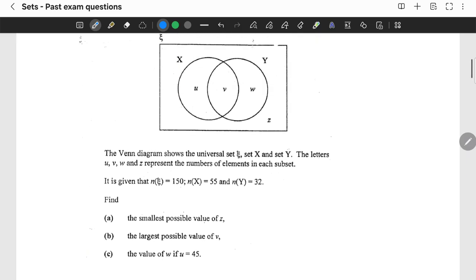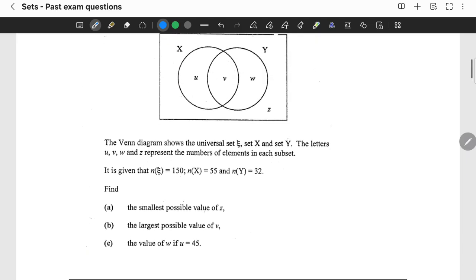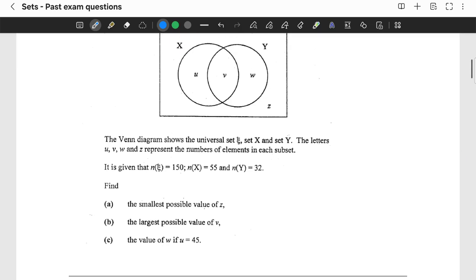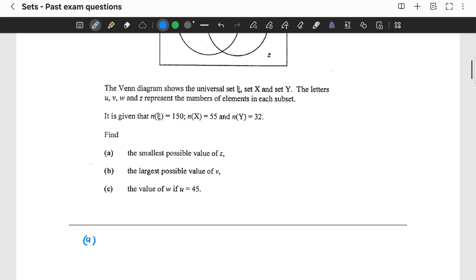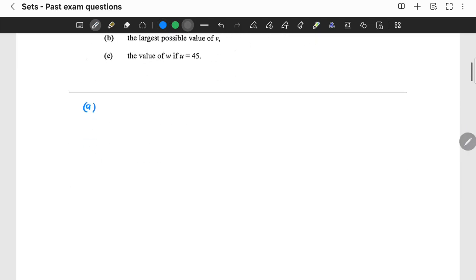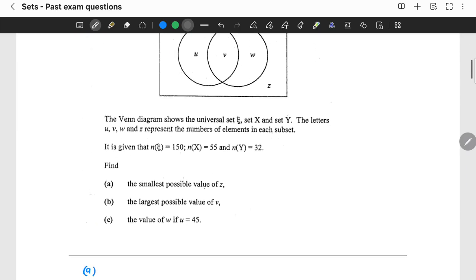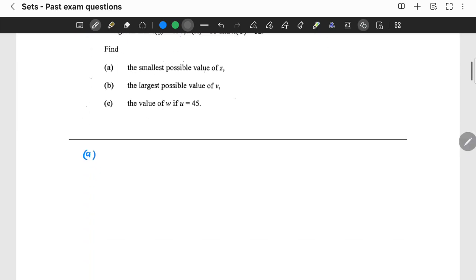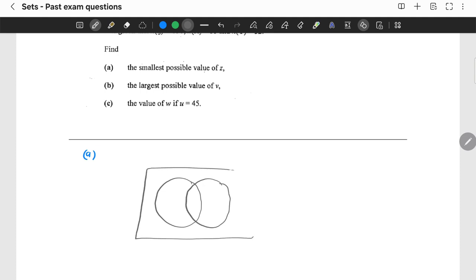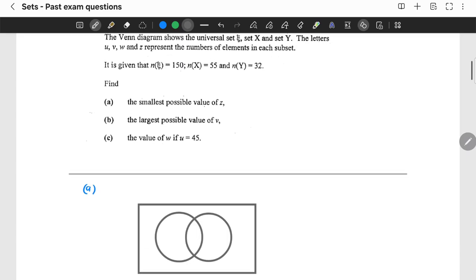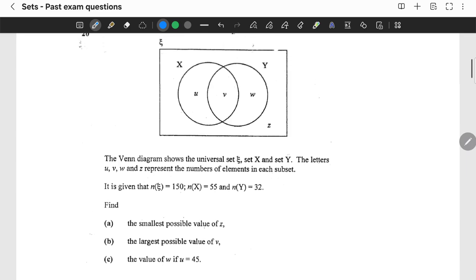So it says the smallest possible value, right? If we want to represent what we have been told, we have x and we have y, and we have the universal set.